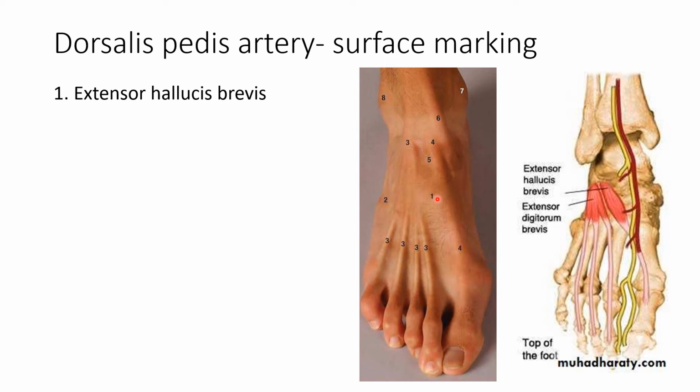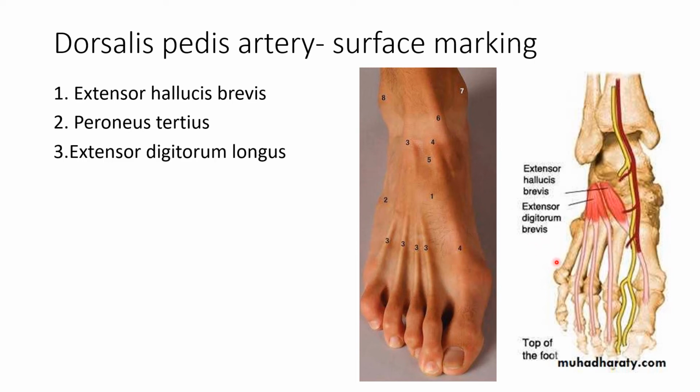first toe. Then you are seeing the peroneus tertius. This is the peroneus tertius, the lateralmost tendon on the dorsum of the foot. Then you can see the extensor digitorum longus, the four slips of it.